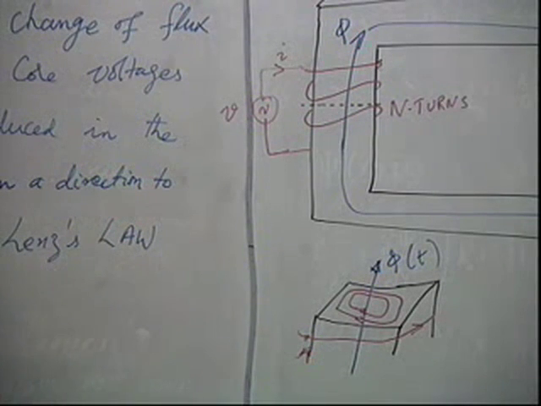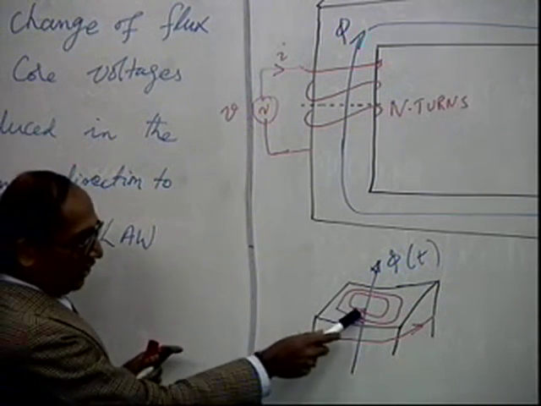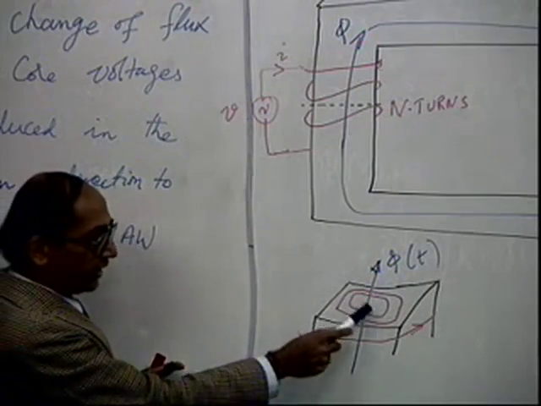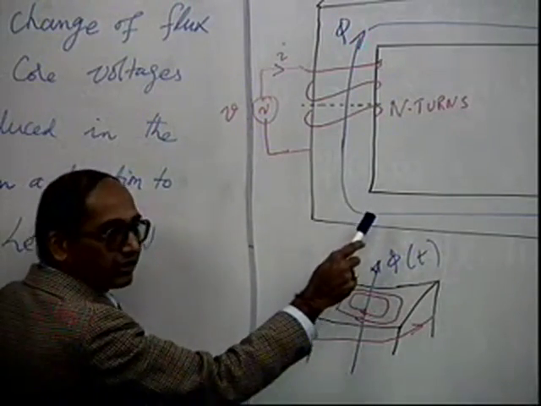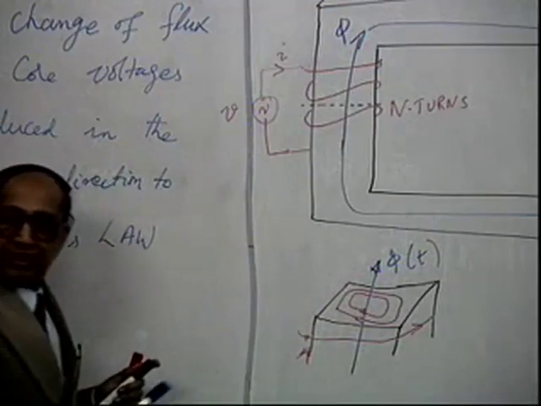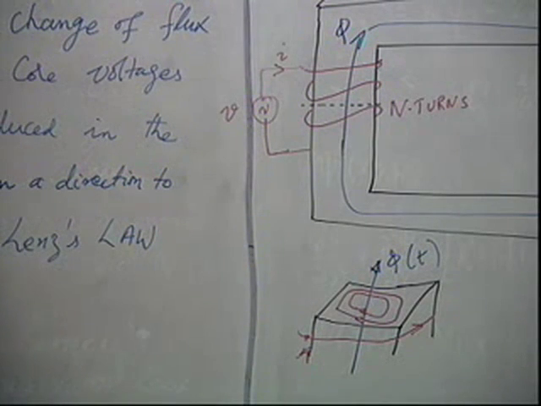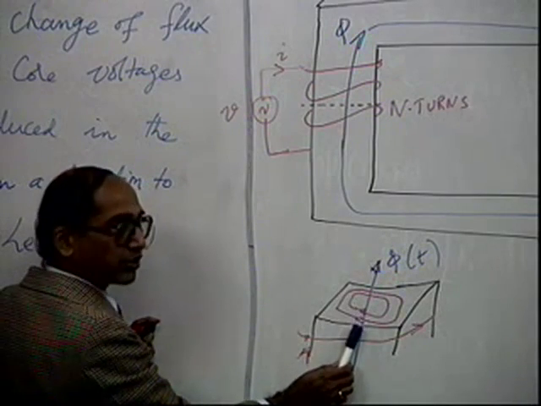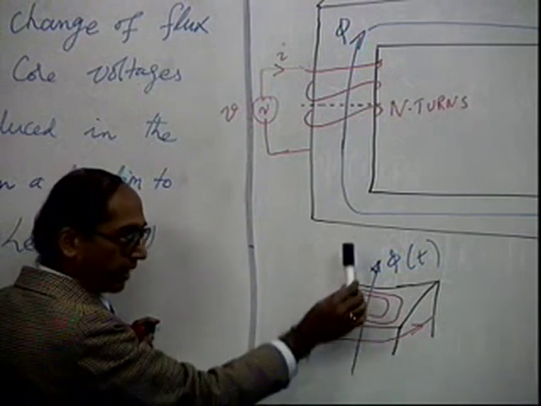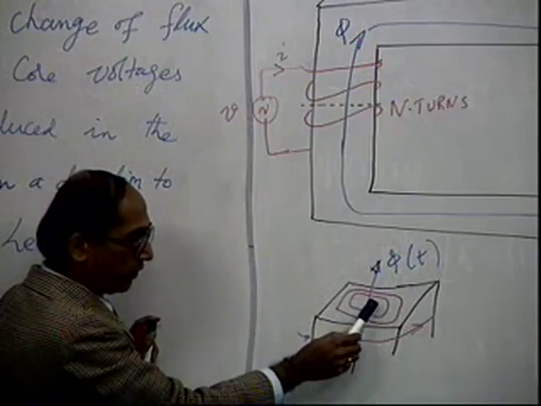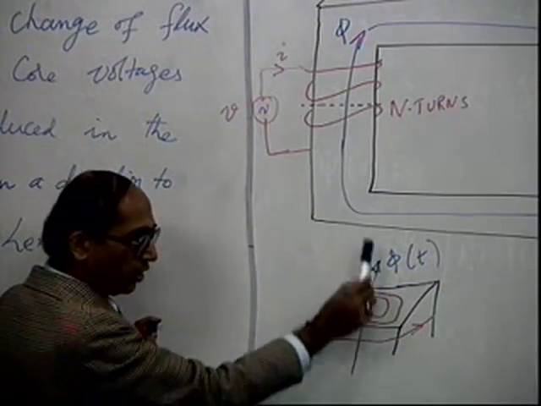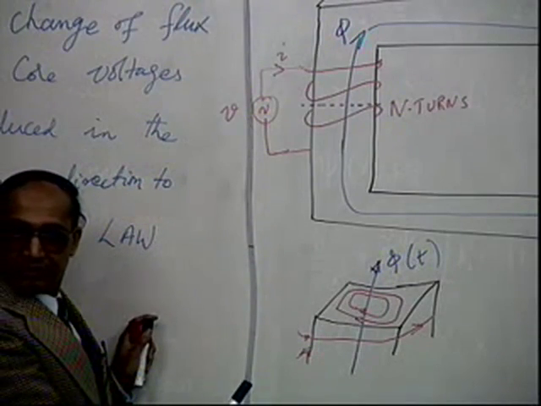So the direction of the currents in the core, wherever, will be that which will be opposing the change of flux. Whenever the flux is increasing, it will cause current in this direction to decrease this flux.